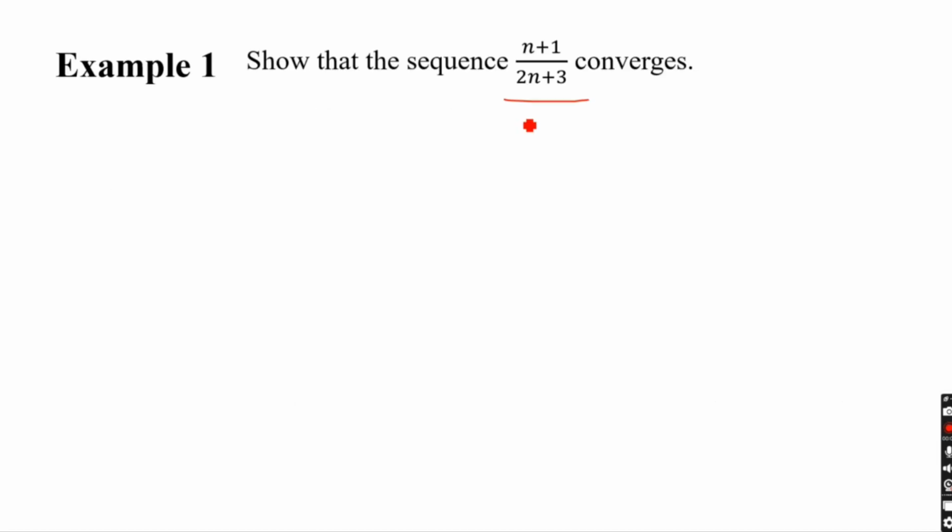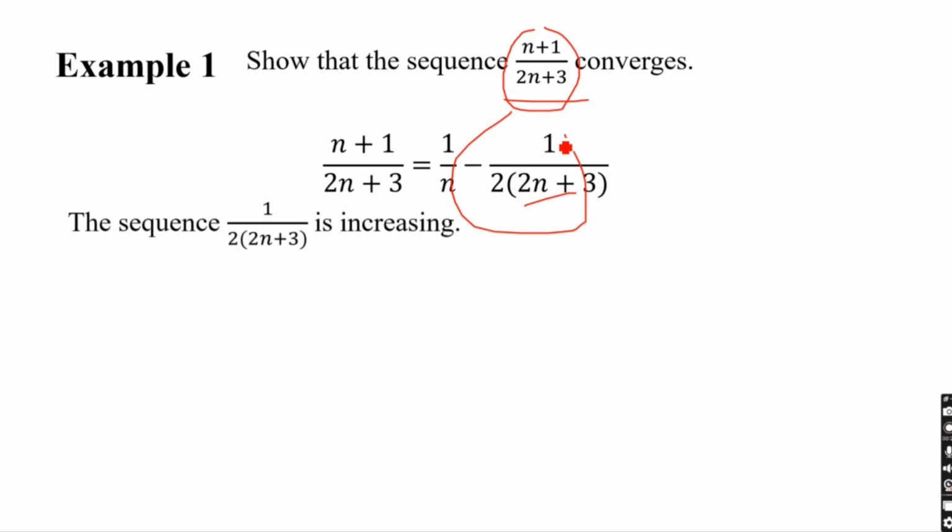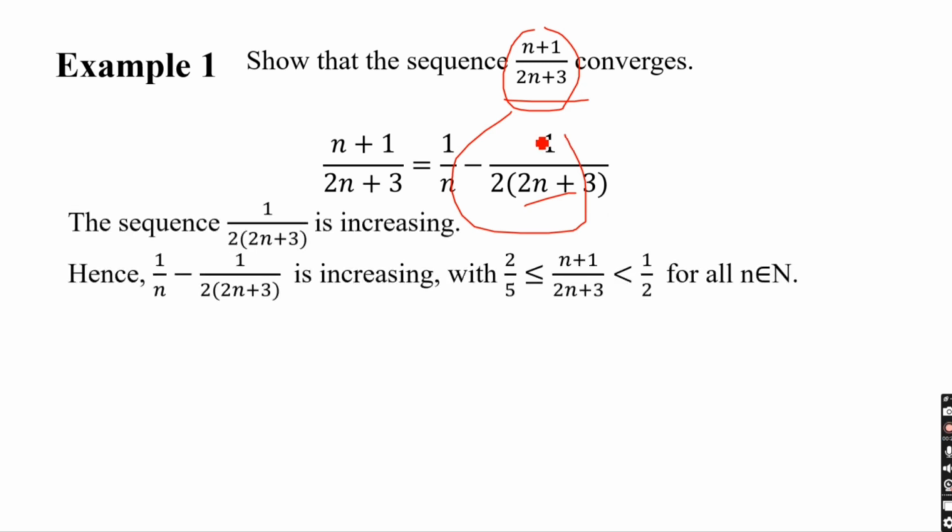Okay, show that the sequence (n+1)/(2n+3) converges. When we expand the sequence, (n+1)/(2n+3) equals 1/2 minus 1/(2(2n+3)), which means the sequence is increasing.